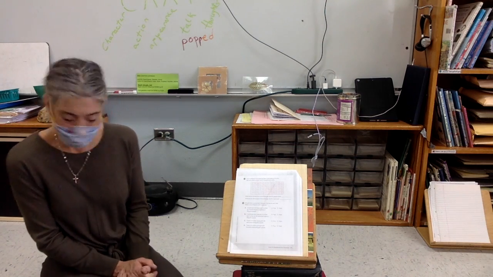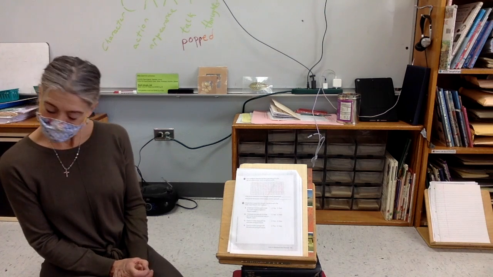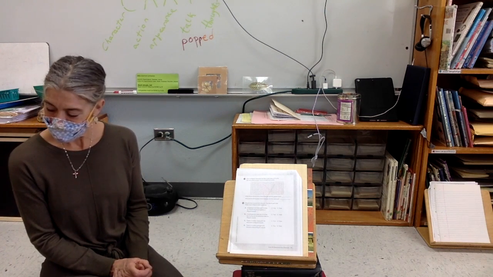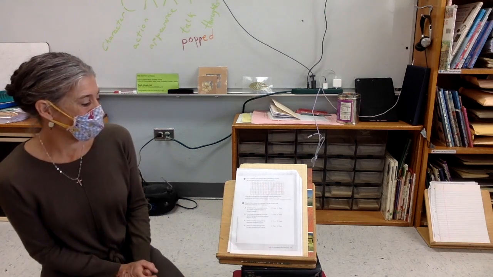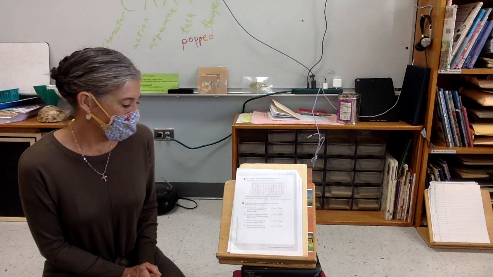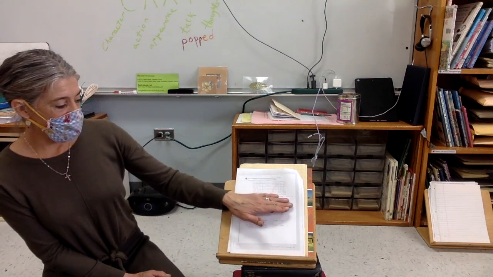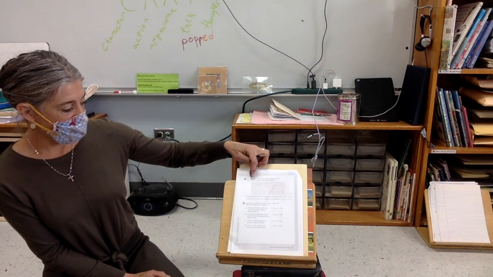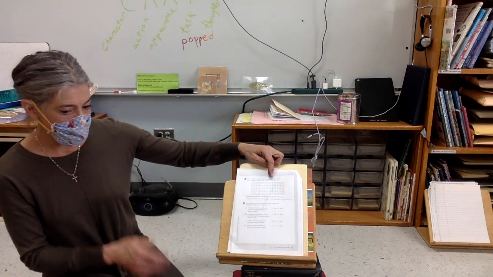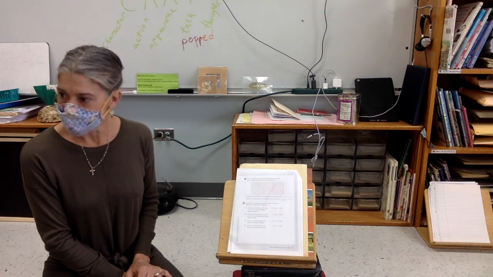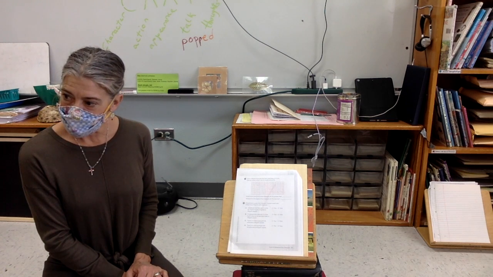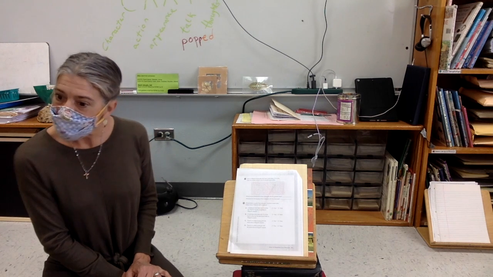Okay, Silas. Sweetie, we're not on that. We're on this part. Draw 4 different rectangles that have a perimeter of 16 units.